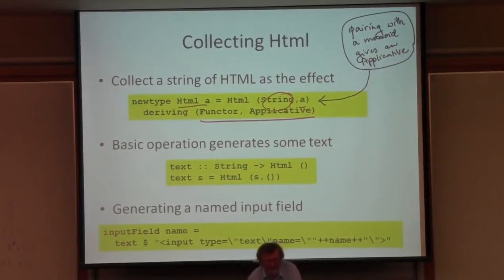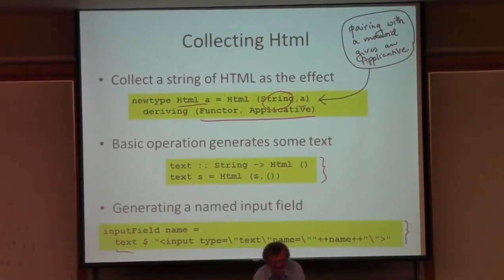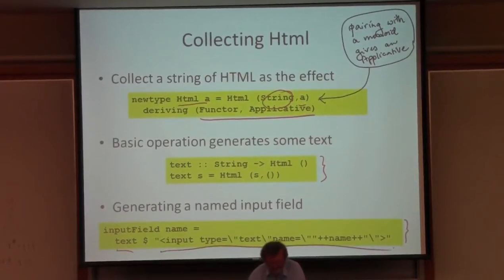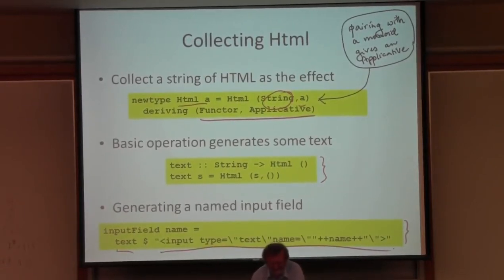And then I need to write an operation that actually causes an effect, generates some text. Here it is. This puts a string in the HTML field. And the library code will append all of those strings together for me. And while I'm at it, here's how to generate an input field. You just apply the text thing I've just defined to blah. Don't you just love HTML?